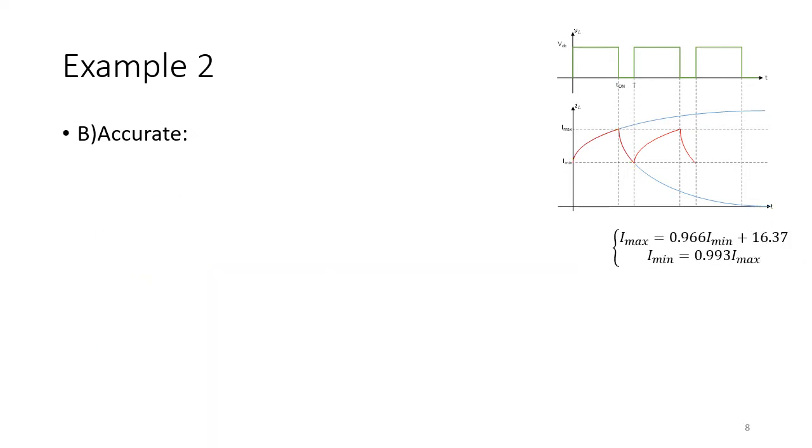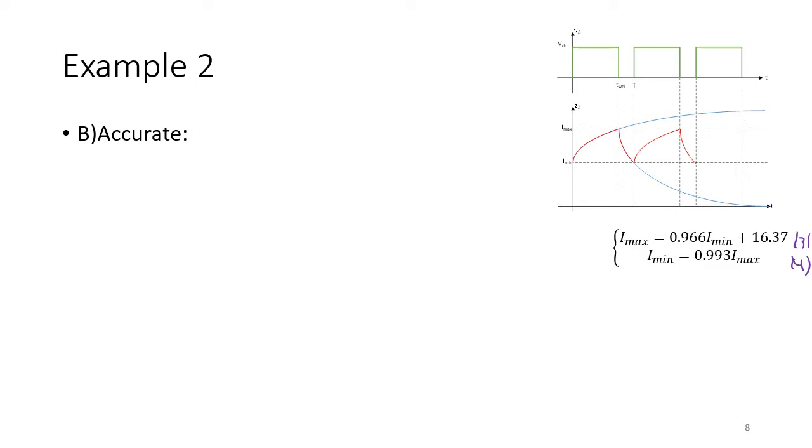So in the previous slide, we found equation number 3 and equation number 4. It's like two unknowns, two equations. Very simple. We can solve it to find I min and I max.